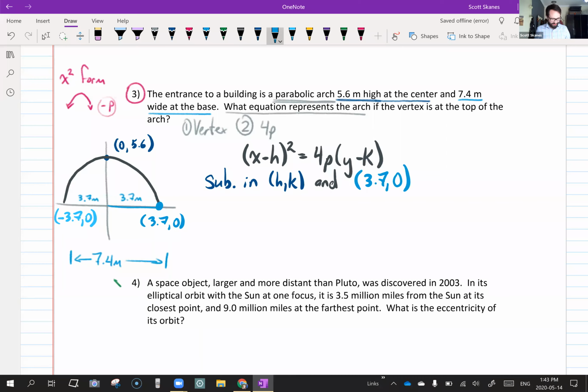Sorry, I'm going to put in my two values. I'll just label them. This is h, this is k, this is an x value, this is a y value. Just our 2 points that we have. Substitute everything you have, and this is what it's going to look like.